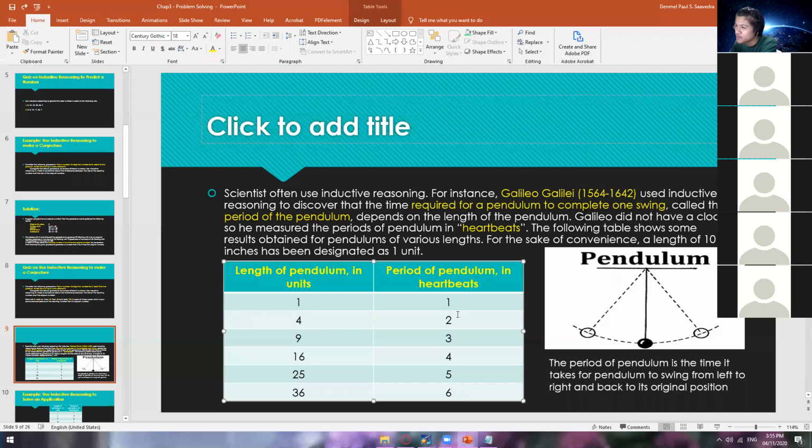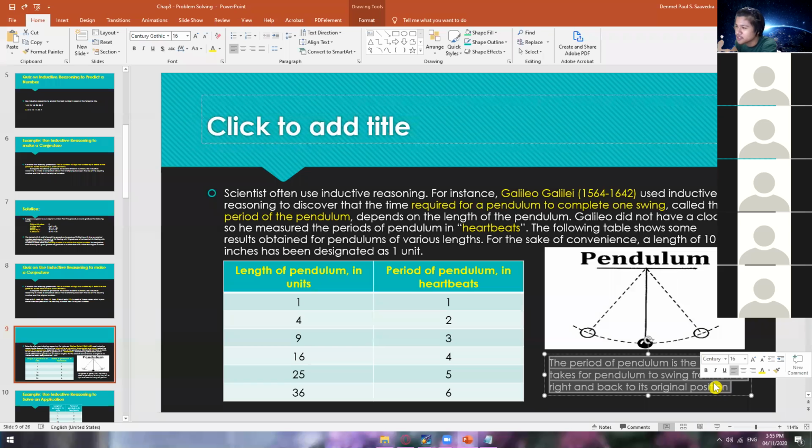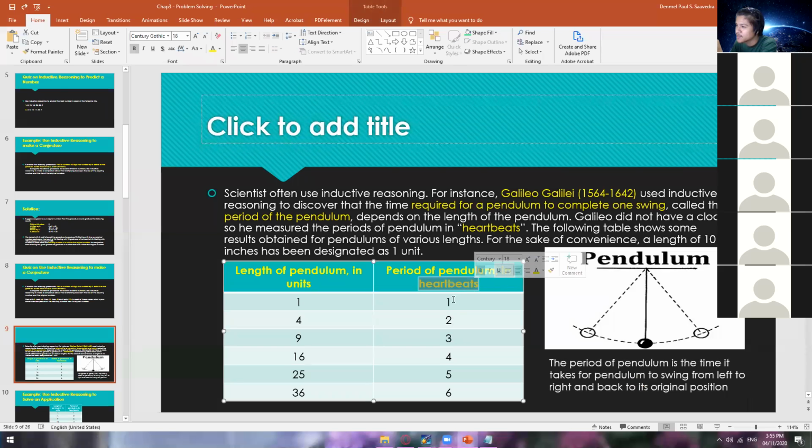Okay, so I think that's how he measured it before. From the original position, when you swing and then return to the original position, that's already 1 period of the pendulum. In heartbeats, 1 heartbeat is 1 length, 2 heartbeats is 4 lengths, and 3 heartbeats is 9 lengths.